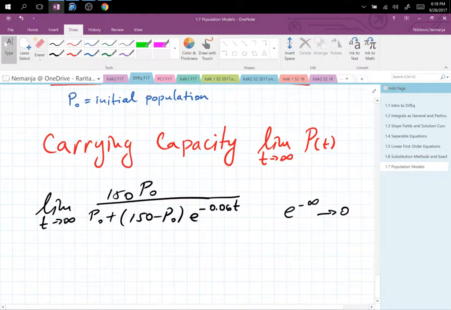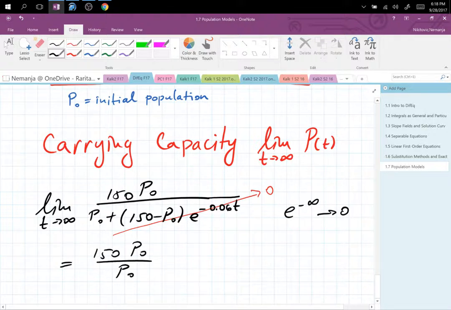That kills this entire term, and you are left with the limit: 150 P0 over P0, and we get 150. So you see that for this problem, whatever it was, we have a carrying capacity of 150.